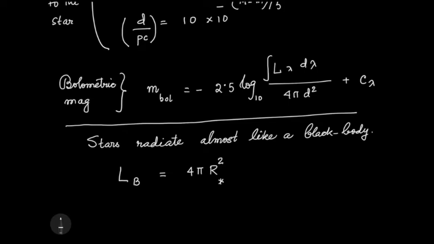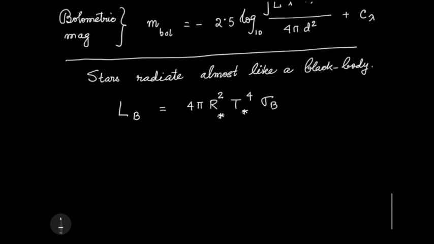where R is the radius of the star, T of the star to the power 4, and then the Boltzmann constant. And I said that it radiates almost like a black body, so it's not quite like a black body. There are some emission and absorption lines, and it deviates a little bit from the black body curve.